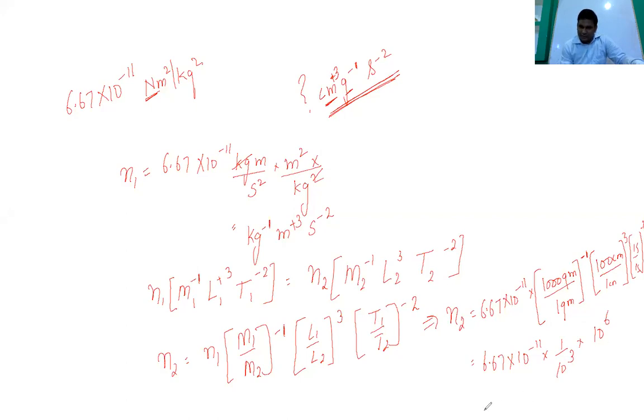Once you solve it, 6.67 into 10 power -11 becomes +3, so it will become 6.67 into 10 power -8. This will be the answer.